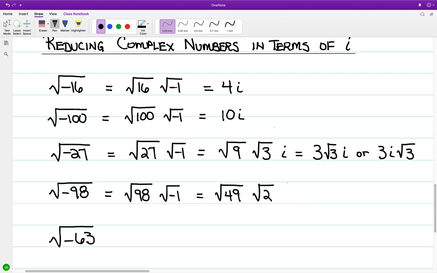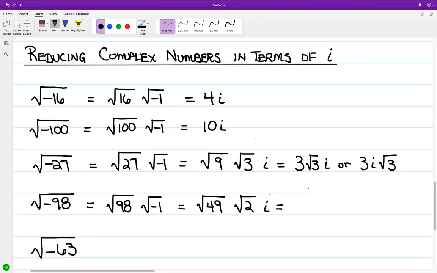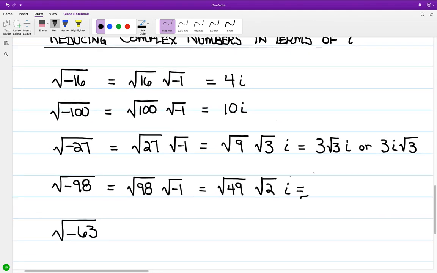So we have the square root of 49 times the square root of 2, and the square root of -1 goes to i. We can say we have 7 times the square root of 2 times i, and you can also put the i out in front of the radical, so we have 7i times the square root of 2.